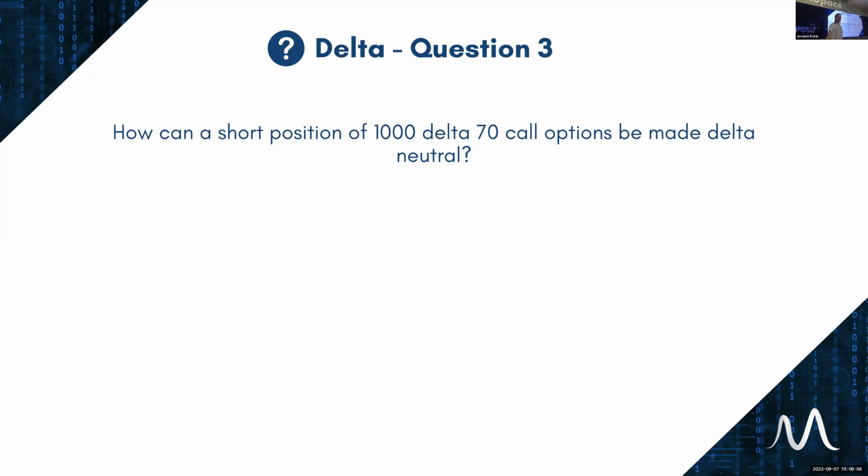Okay, so here we have a question about hedging. Let's say you just acquired a short position of 1,000 delta 74 options. How would you become delta neutral? What trades might you want to do to cancel out this delta position that you have?